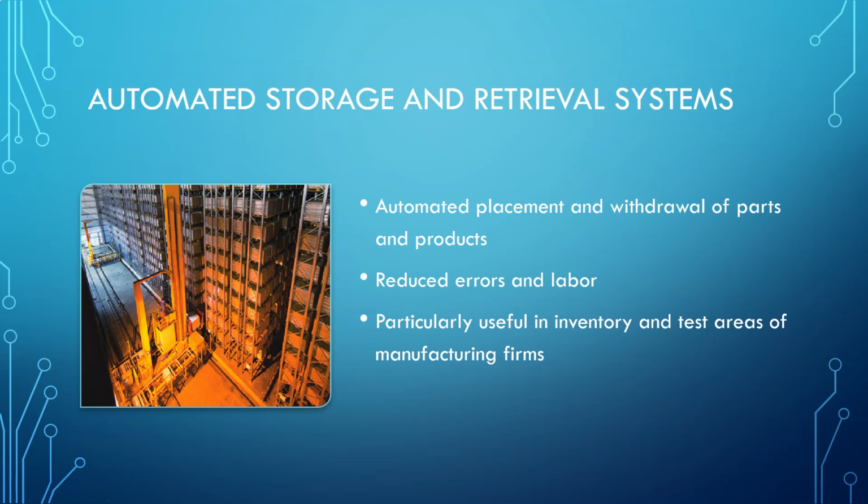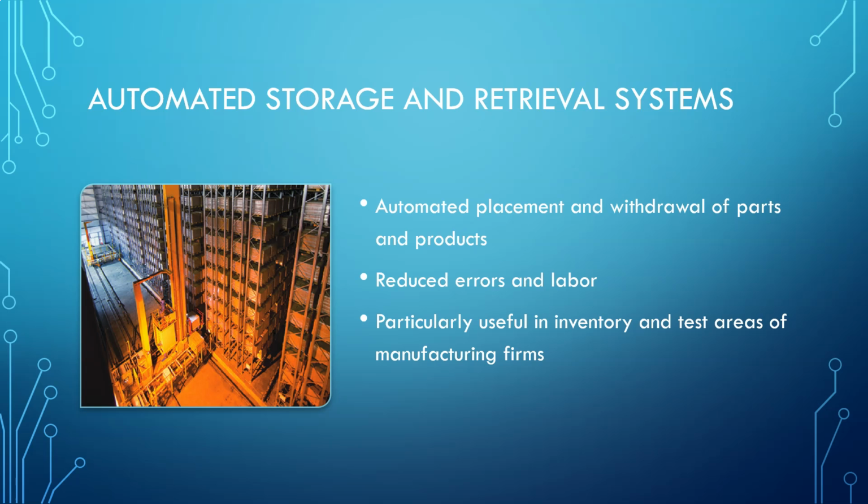Automated storage and retrieval system. We talked about these systems before in an inventory or in a warehouse, which is the same here. A factory will have its own inventory. So having such a system will assist in getting the parts from the place they were stored all the way to the manufacturing area without any errors or with reduced errors.